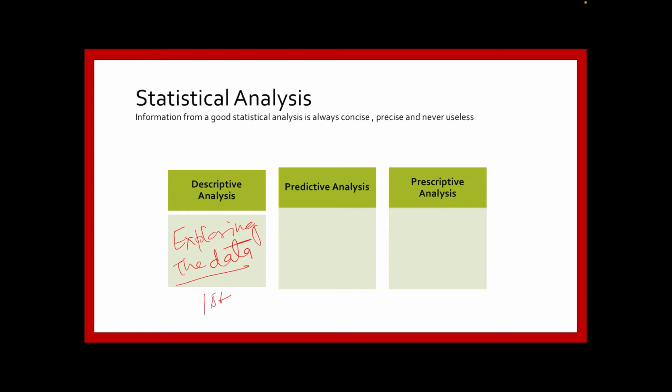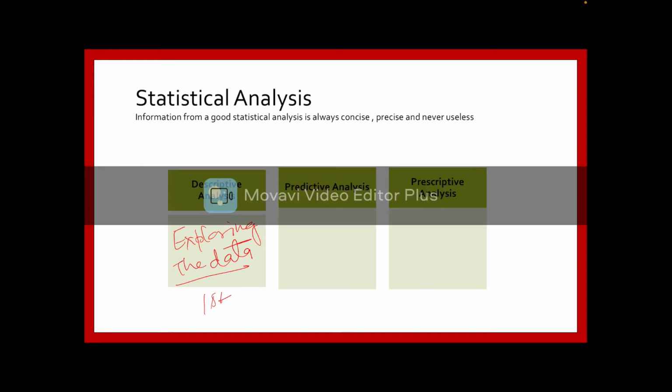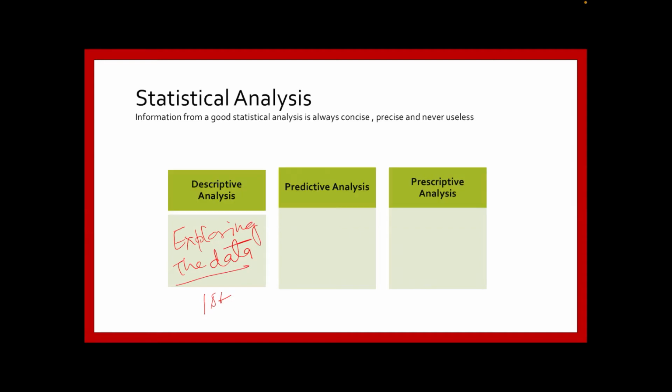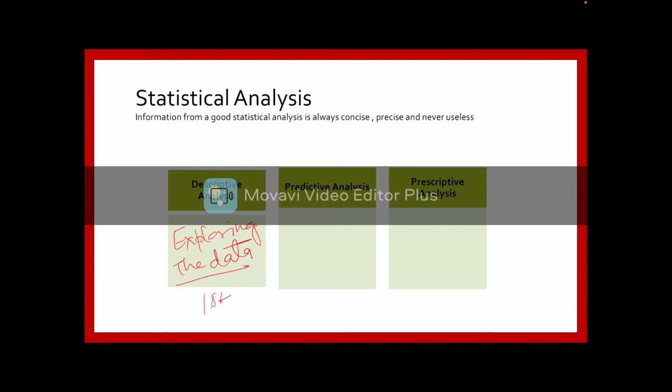When we are doing descriptive analysis, we are trying to understand all variables and getting an idea of what the data is actually trying to say. So it includes calculation of central tendency, variance, and some kind of graphs, pie charts, bar graphs, histograms to understand the data.